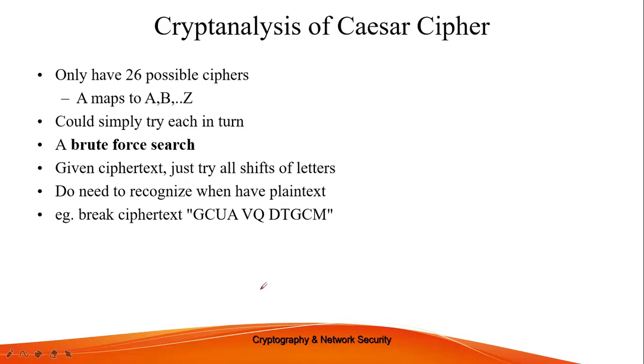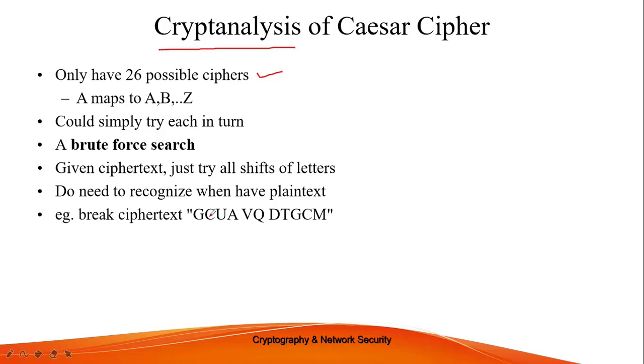So what about the cryptanalysis? You know that cryptanalysis is a technique of decoding messages from a non-readable format back to a readable format. We have only 26 possible ciphers: 1 letter down, 2 letters down, 3 letters down, and so on.